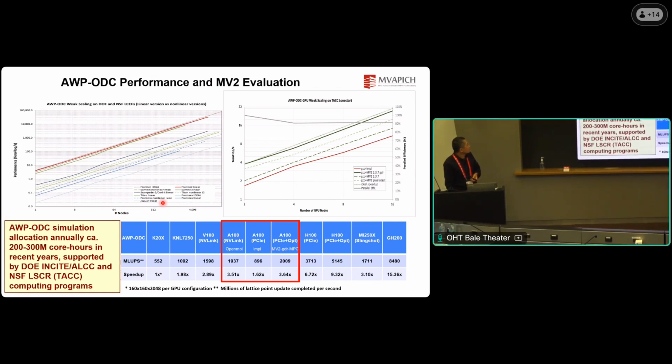So what I'm trying to show here is, yes, the interconnect is important, but the compiler is also very important. Even if you have a slower interconnect, if you have the right compiler, the GPU-aware features, and also the compression, you can get even better performance.